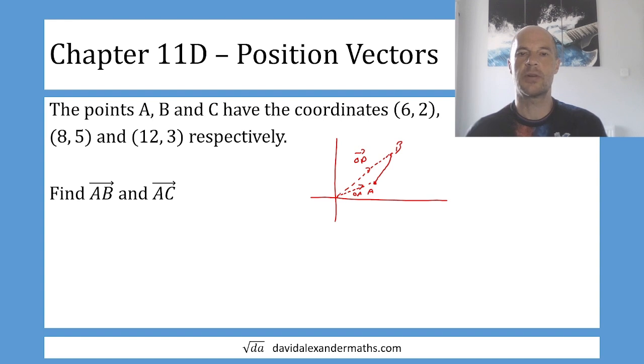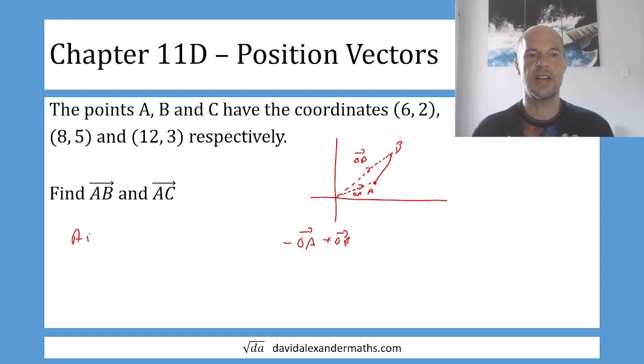Well, I go backwards to the origin and I go back up the vector OB to B. So to go A to B is minus the vector OA plus the vector OB. So we just need to remember that the vector AB is OB minus OA.